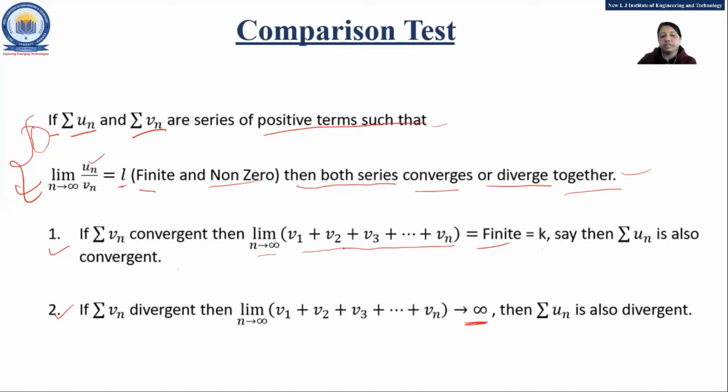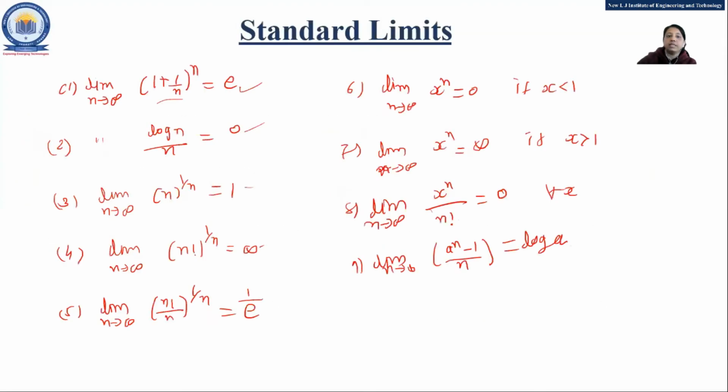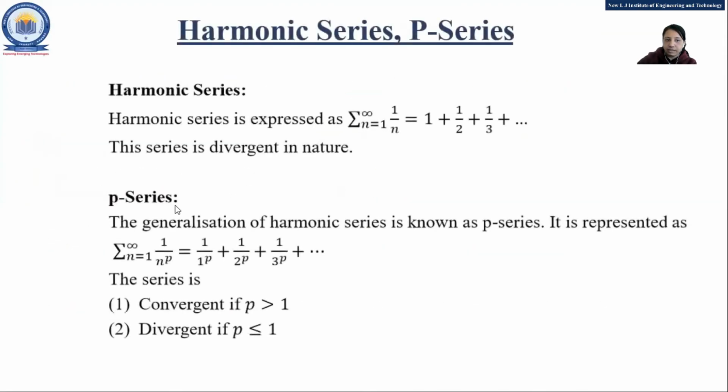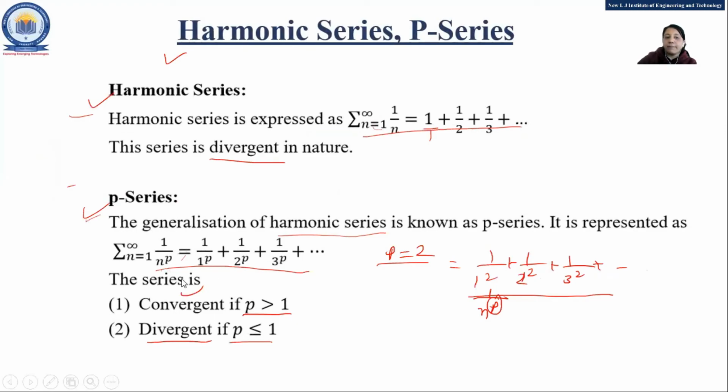Then what we have seen, just write into the chat box. Yes, we have seen the geometric series, telescoping series, combining series, the definition of harmonic series, and P series. In the comparison test, we are going to use this P series, so remember the format for this series.